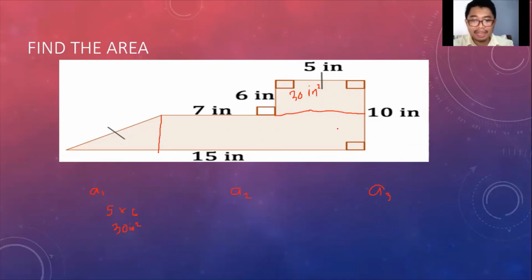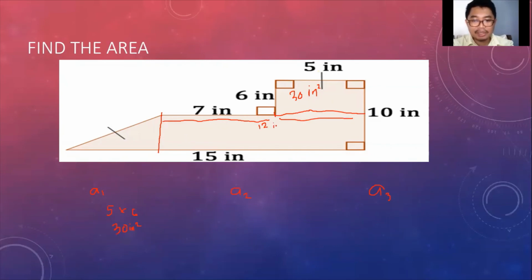The next one, we are going to find the area of this rectangle. For this one, from here up to here is 7, right? So 7 plus 5, we got 12 inches.